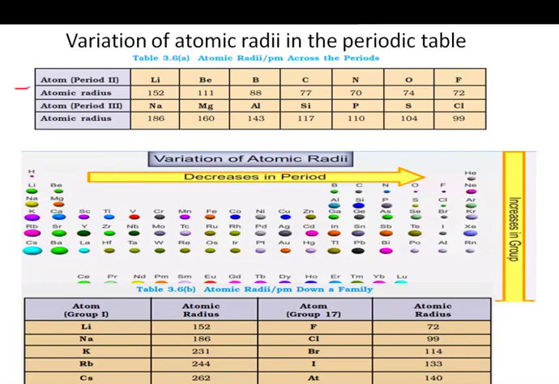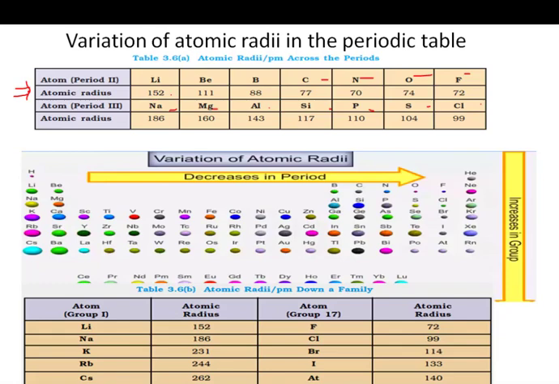If we analyze this first table, two periods are given, second and third period: lithium, beryllium, boron, carbon, nitrogen, oxygen, fluorine. These are second period elements, and third period elements are given: sodium, magnesium, aluminium, silicon, phosphorus, sulfur and chlorine. Likewise, their atomic radius is given.